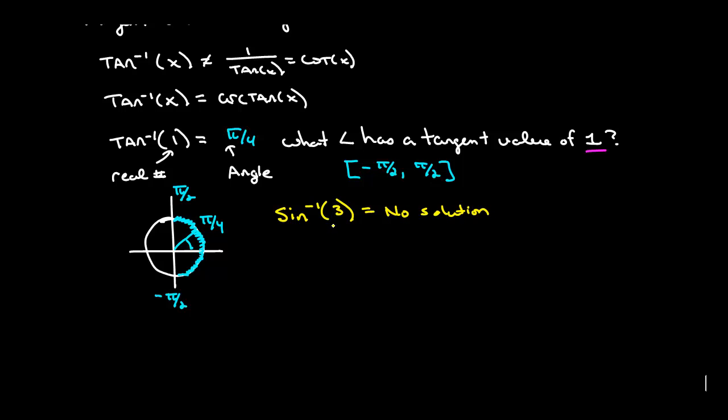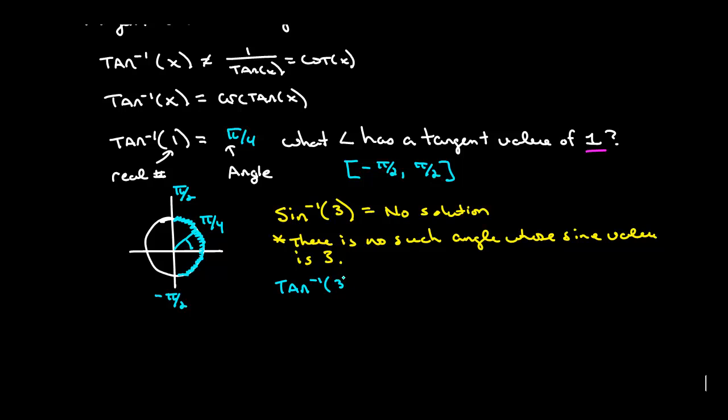And the reason for that is because there is no such angle whose sine value is 3. There's no way to get a height on the unit circle of 3. So this is impossible. However, if I ask this, I can find an angle for.